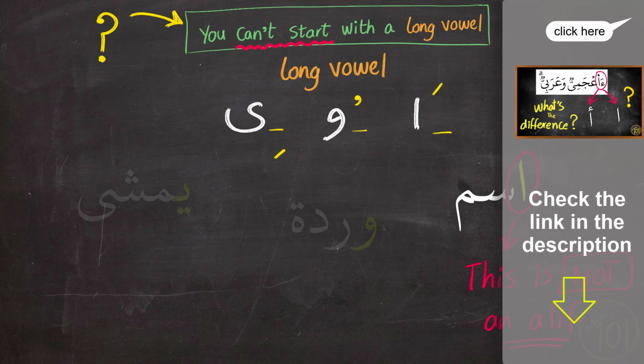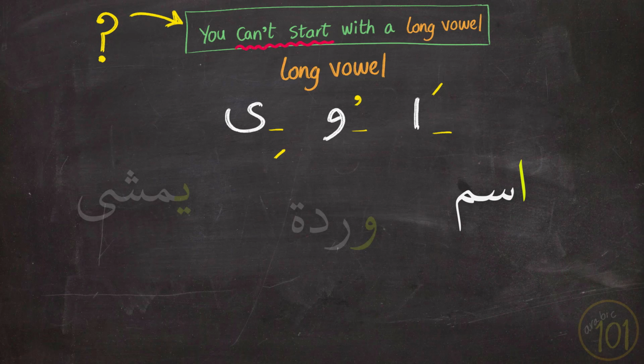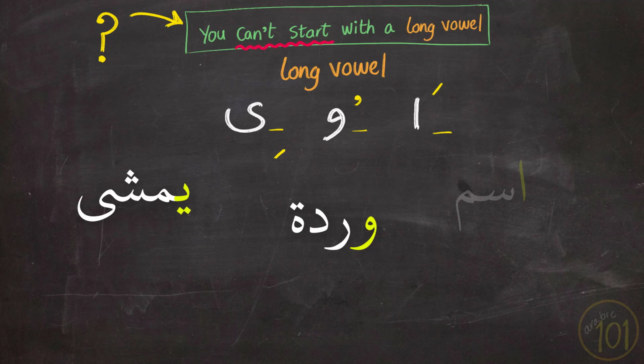But words like wardah or yamshi, don't these words start with long vowels? Well, these waw and ya do occur at the beginning of thousands of words, but not as long vowels, but rather as semi-vowels. Why?